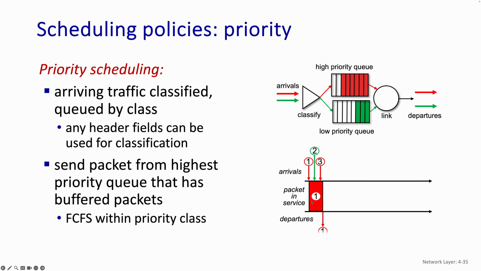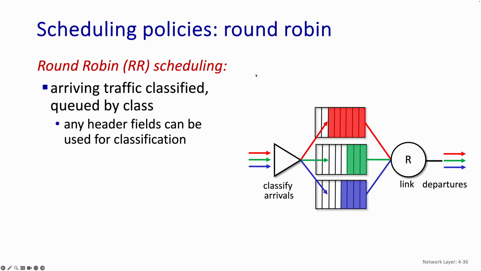Then packet 1 departs, and because packet 3 has higher priority, we're assuming these red are higher priority, 3 gets serviced next, and 2 has to wait in another queue. 3 gets serviced, and then finally there are no more high priority packets. So we send out 2, but maybe while we were sending out 2, 4 arrived. So then 2 gets sent out, then 4 gets sent out next, then 5 by itself. That's an example of priority queuing.